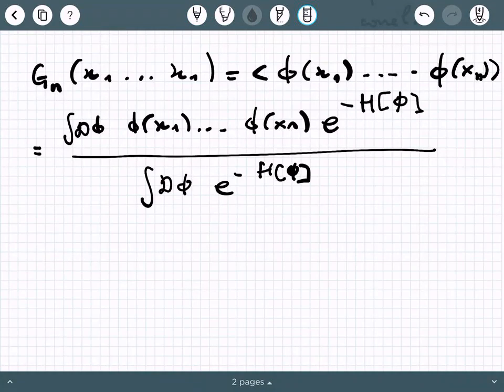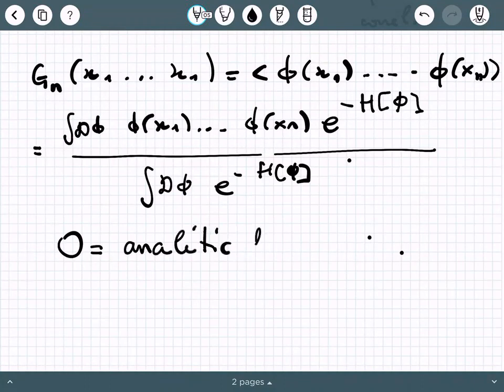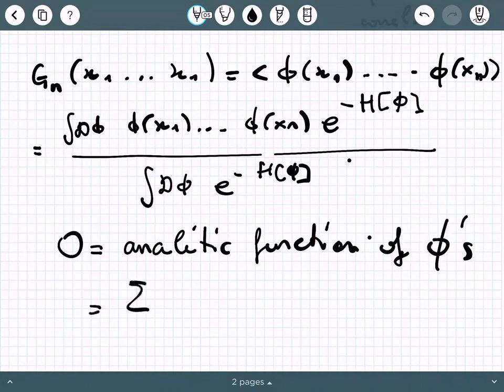So if I can write the quantity that I want to observe as a potentially analytic function of the field, maybe non-local but analytic, then clearly I can write this as a sum over terms.